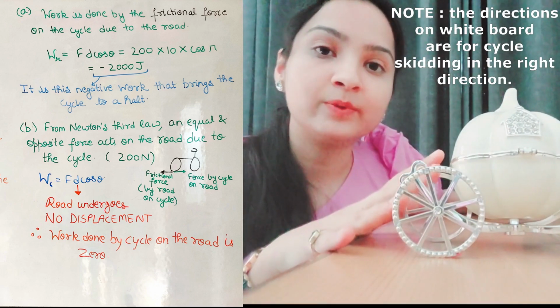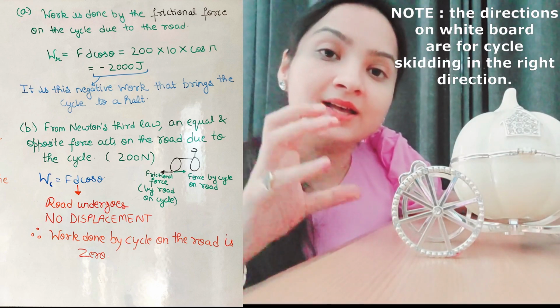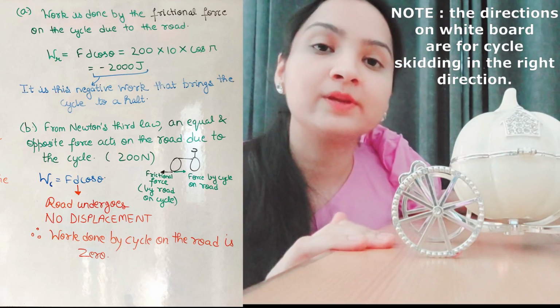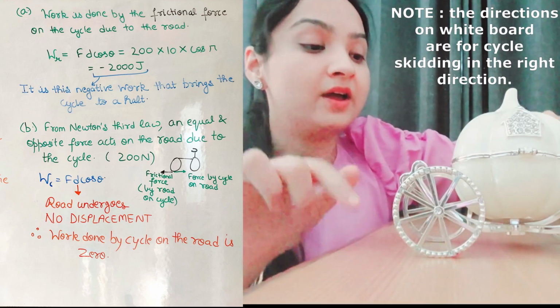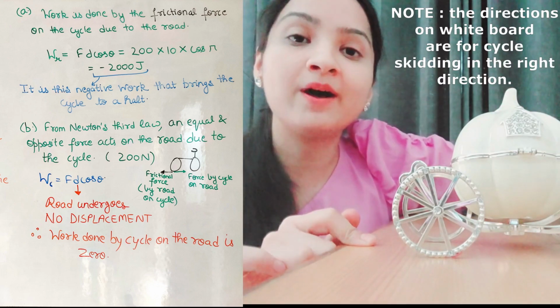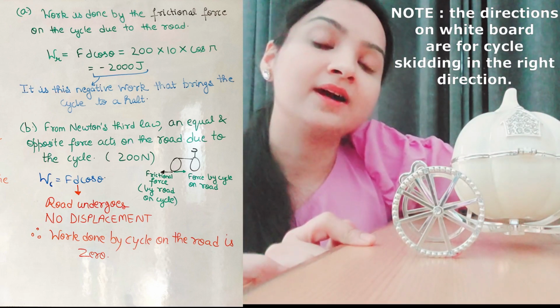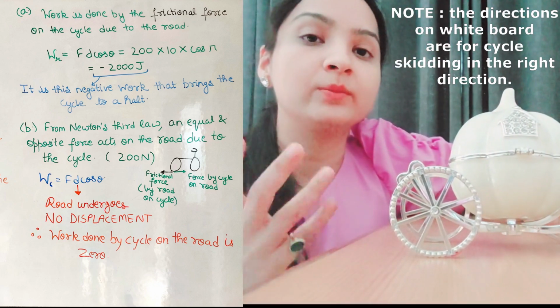This cart is applying 200 newton force, no doubt, but is this force able to displace this surface? No, clearly no. So if this surface is not undergoing displacement despite this force, we say that work done by this cart on the surface will be zero.